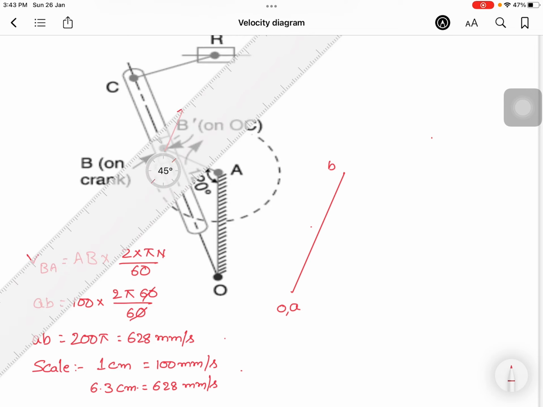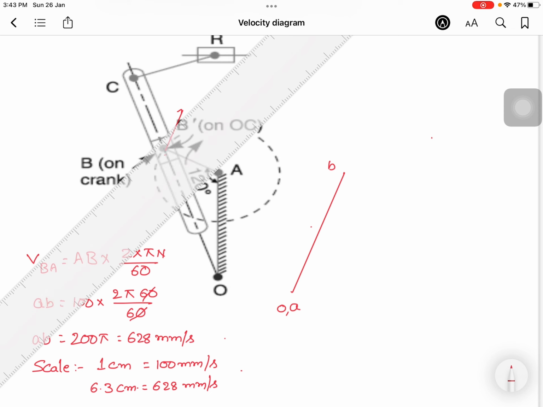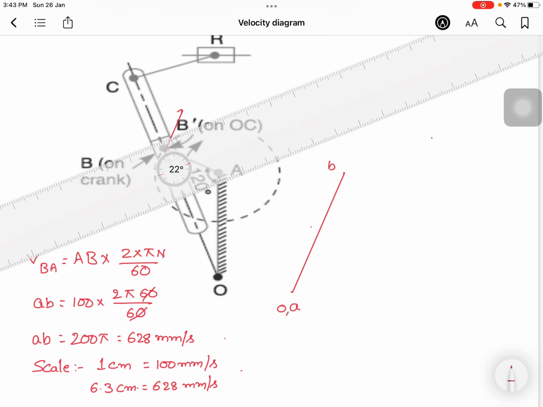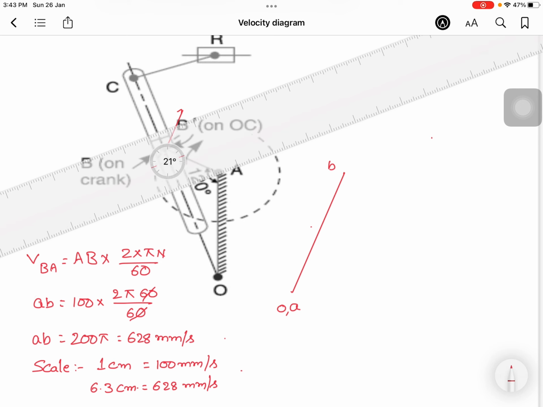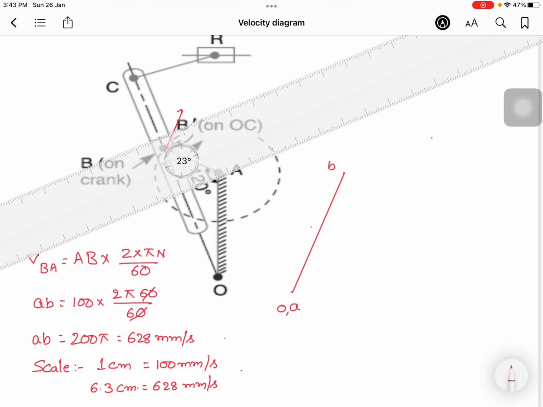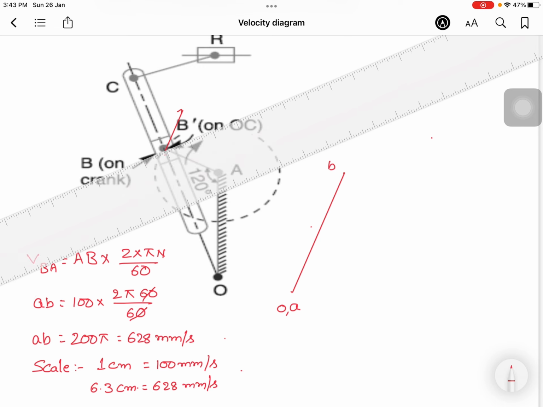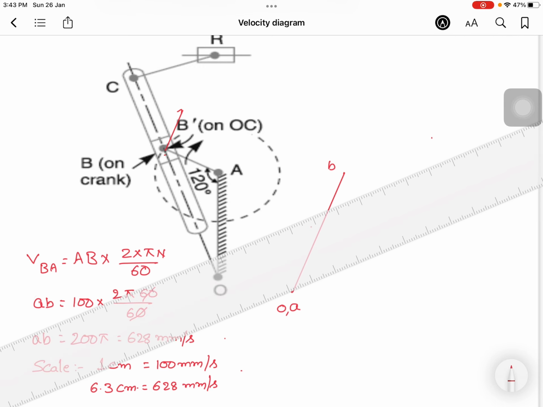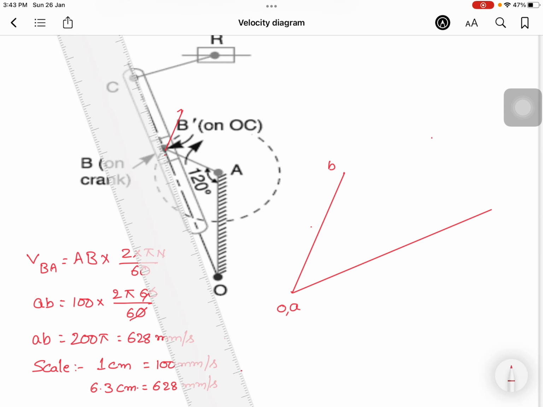After that, we know the point O on the velocity diagram. O is connected with point C. Draw a line perpendicular to OC. This is the line OC. Now as I mentioned, B dash is moving in this direction, because this is the slider.